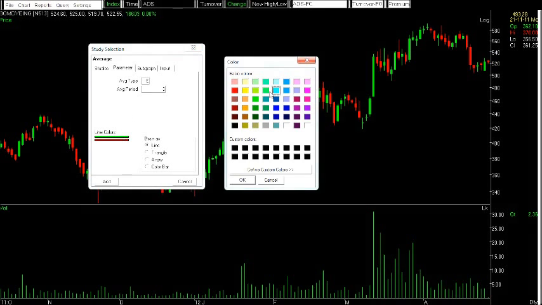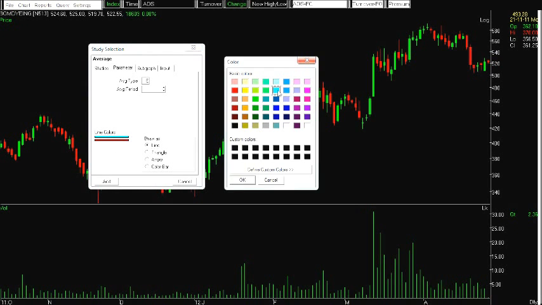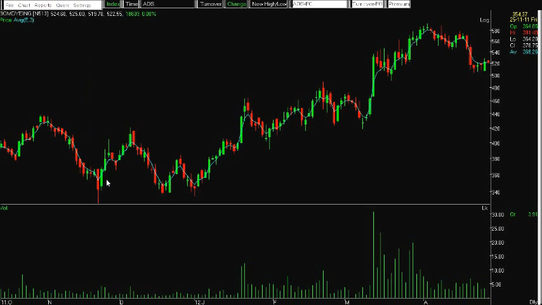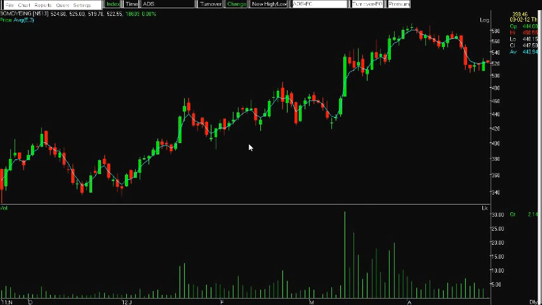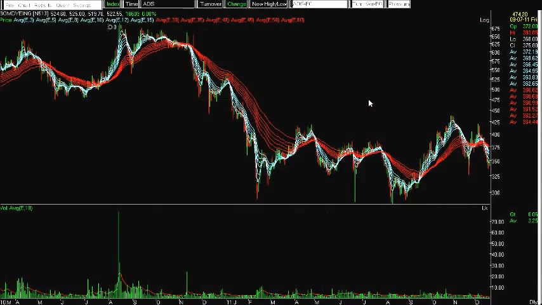You can use any color of your choice, but I am comfortable choosing blue for short term and red for long term. This is how it looks after you plot the first moving average, and once you plot the remaining 11, this is how the chart will look.